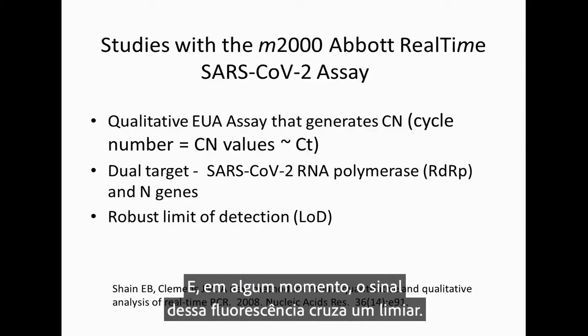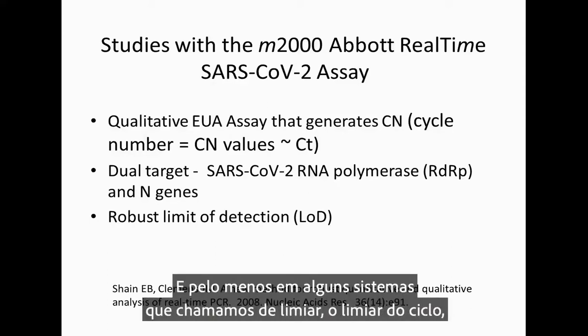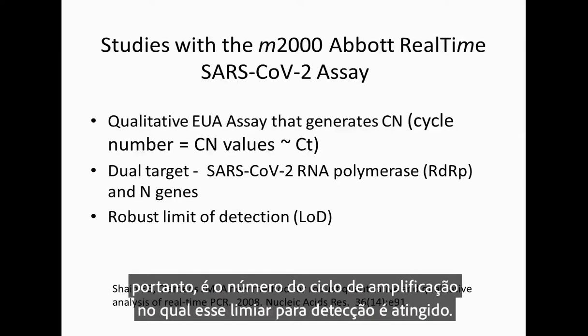At some point, the signal from that fluorescence crosses a threshold. At least in some systems, we call that the cycle threshold. So it's the amplification cycle number at which that threshold for detection is reached.